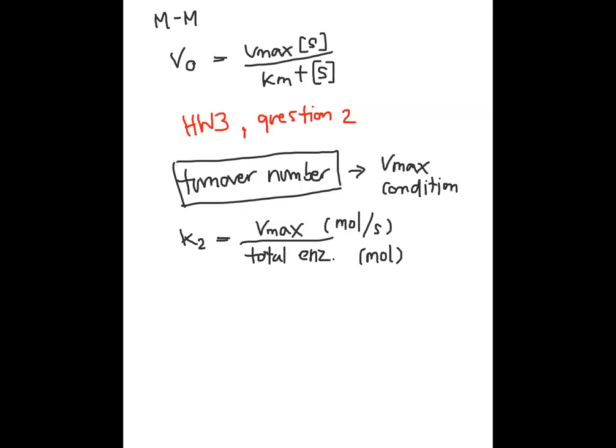It's just how frequently your enzyme gets used in order to make the product at the rate of Vmax. So that is the equation to use: Vmax divided by the total amount of enzyme. And please pay attention to the units, because if you use the wrong unit, you would plug in the wrong value and get a wrong answer.